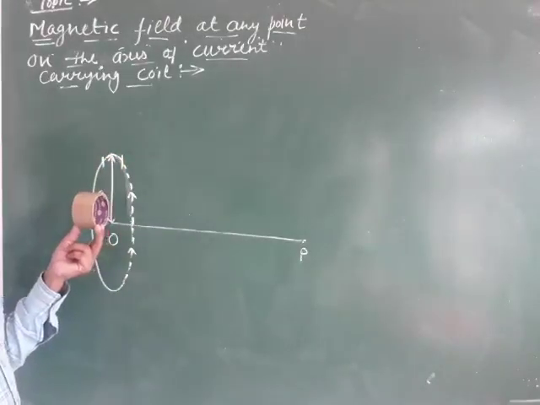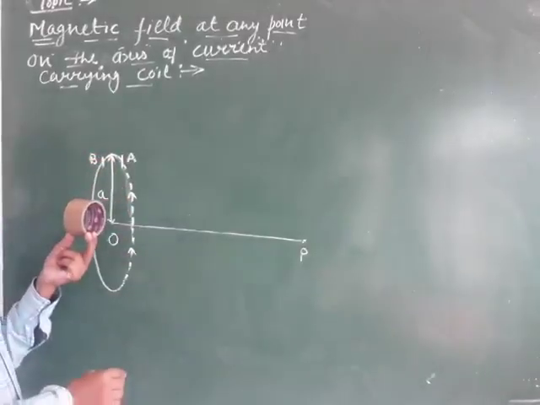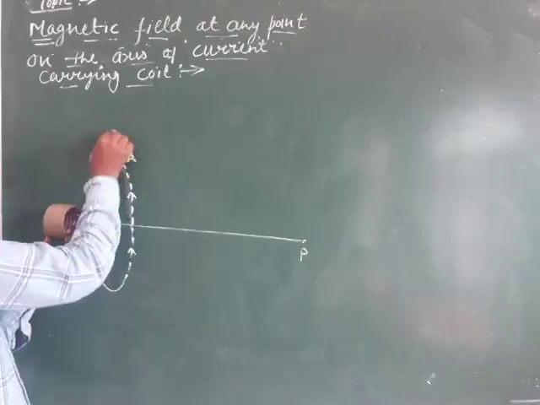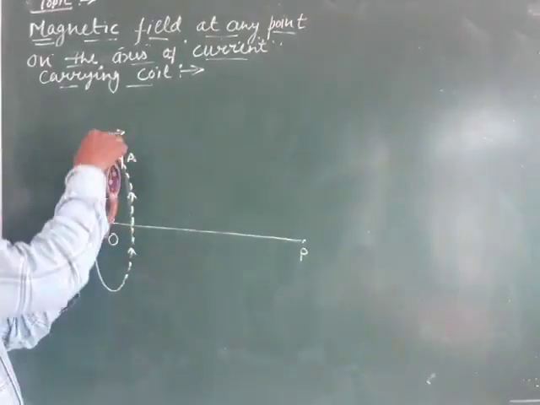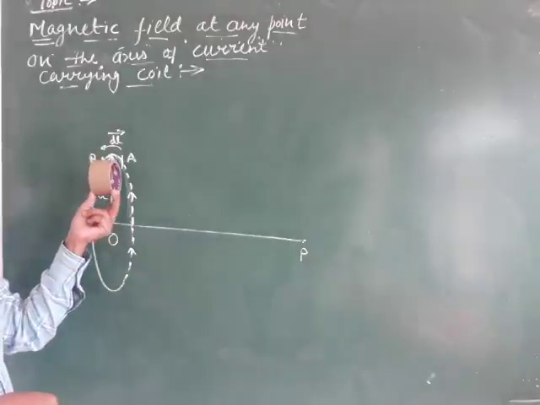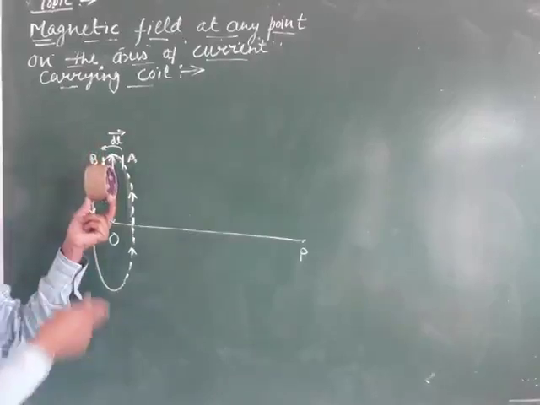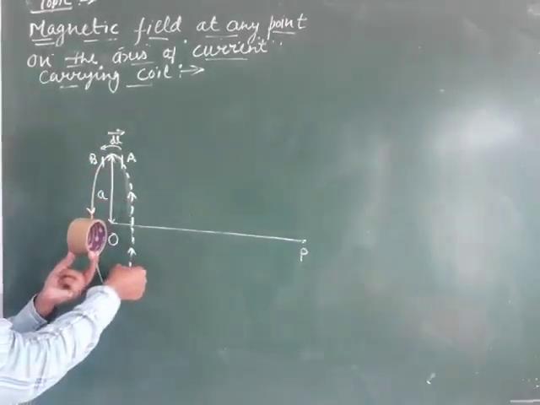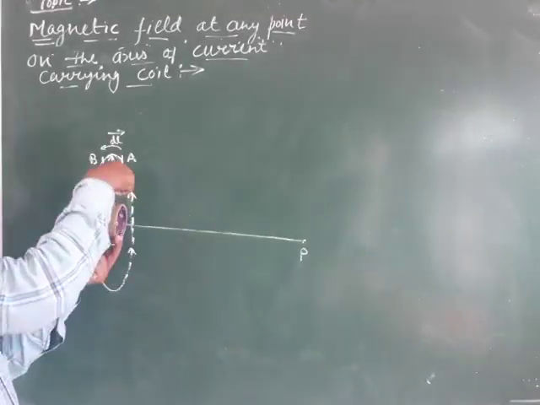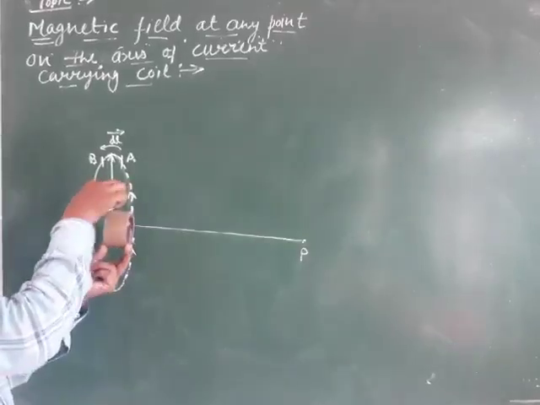You know very well that the direction of dl is always along the tangent to the coil. The current is flowing anti-clockwise, so you have taken the current element here. This is the current element you have chosen on the surface of the coil.